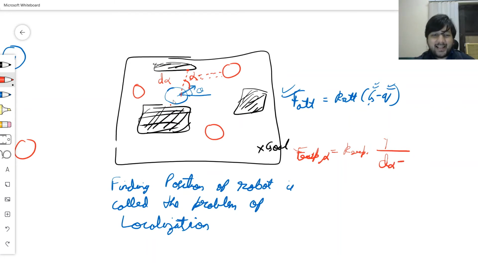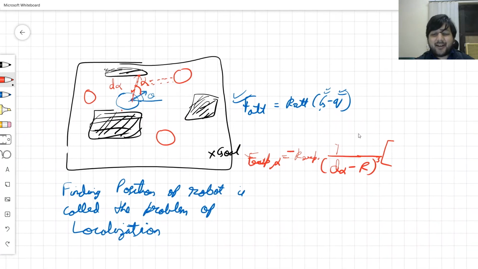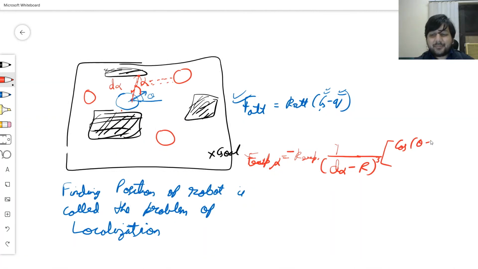And the distances are measured from the circumference of the robot, so I'll subtract the radius of the robot. And the angle will be at a direction of theta plus alpha, so theta plus alpha is where this laser ray strikes. So if I need to apply a force, I need to apply it in the negative direction of theta plus alpha. So that's cos(theta plus alpha) and sin(theta plus alpha), and in its negative direction is where I'll apply the force. So, easy enough. That's what happens.